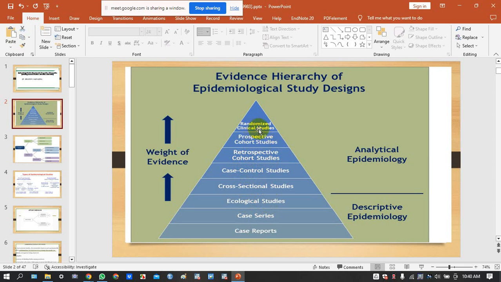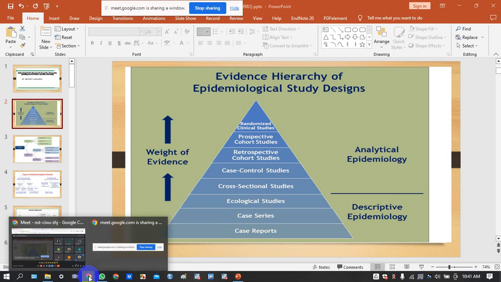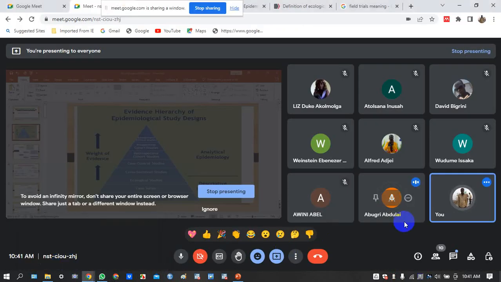Then we also have randomized clinical studies or randomized control trials, and then the unrandomized control trials. So we'll be looking at them step by step. In any study, the base of the triangle shows the weight.